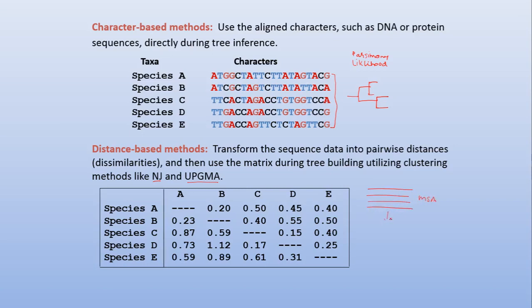You convert it into a distance matrix, which indicates the similarity or dissimilarity between the sequences, and using this data you use a clustering algorithm like neighbor joining and UPGMA, and eventually you draw your phylogenetic tree.